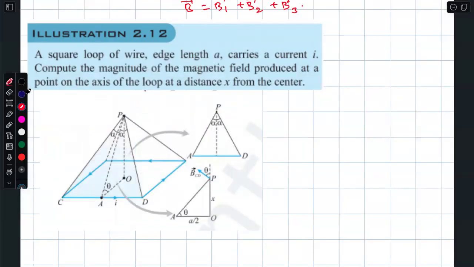Square loop of wire, edge length A, carries a current I. Compute the magnitude of the magnetic field produced at A. Where is A? At a point on the axis of the loop at a distance x from the center.